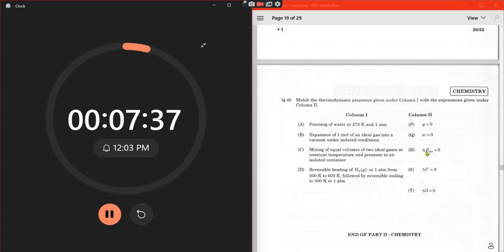So container isolated. Oh, that's important. So कोई connection ही नहीं है. So yes, Q equal to 0, W equal to 0. So PQS C का as well. Free expansion का दूसरा केस है ये. Okay. Reversible heating of H2 at 1 atmosphere from some temperature to some temperature followed by reversible cooling to 300 Kelvin. Delta U equal to 0. Okay. Reversible है, it's like delta G is also 0. Wait. But ये 300 Kelvin.